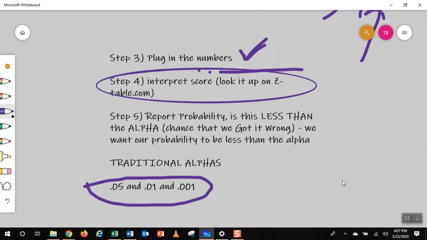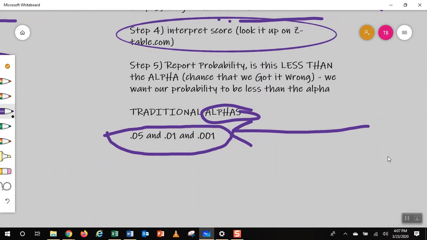Whatever number you get in the z-table, you're going to look at the percentage and compare it to one of these 3 numbers. These are called the alphas. It's just the name for them, and the alphas refer to the chances that you got it wrong. In this case, 0.05 is a 5% chance that you got it wrong, 0.01 is a 1% chance, and this one is a 0.01% chance.